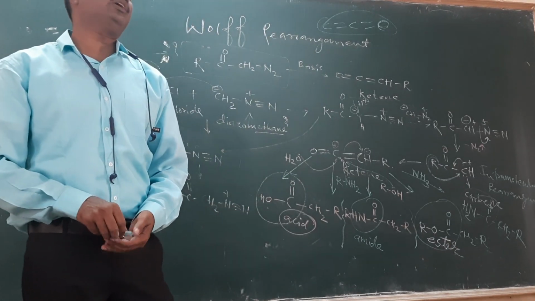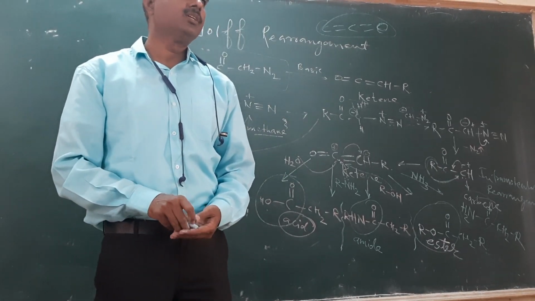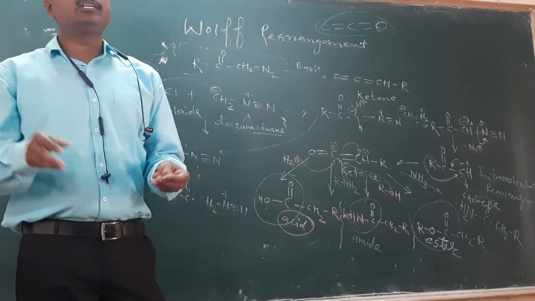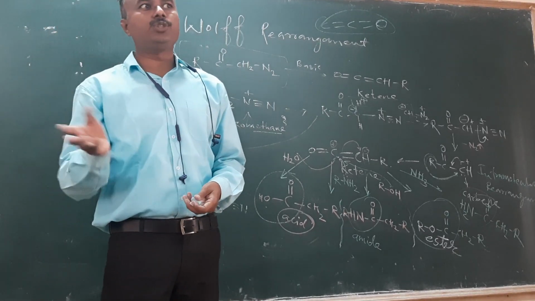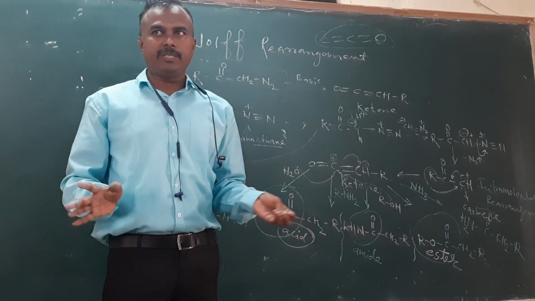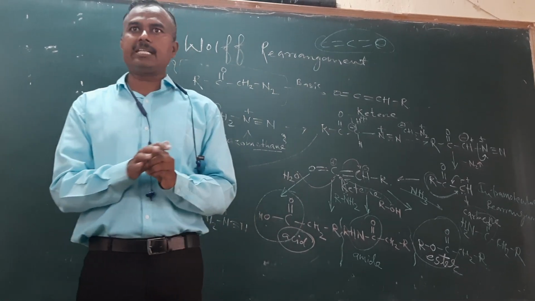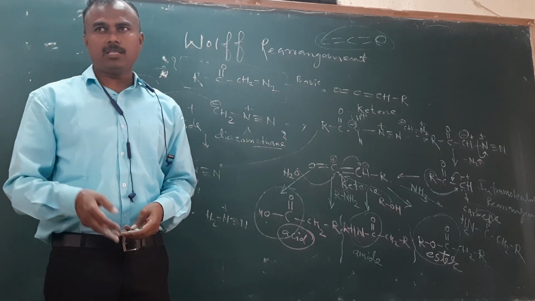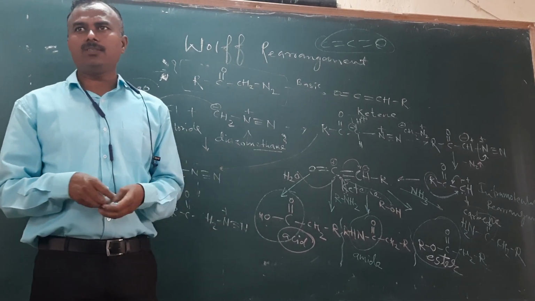So this is called the Wolff rearrangement. There is no migratory aptitude in the Wolff rearrangement. So it is a plain and basic rearrangement where we need to see some examples. That's all. Did you understand this one? Yes, sir.